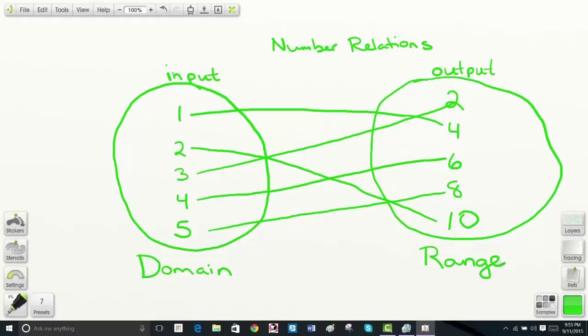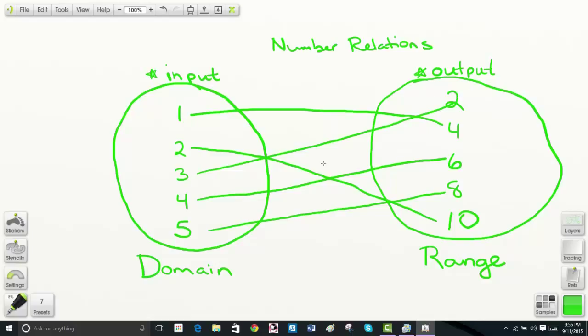Those are the numbers that we're linking to. They're the numbers that we get second. So we start with the input or the domain number, and we get the output or the range. So if I'm going to go into the little number machine, I'm going to put 1, 2, 3, 4, or 5 into the number machine, and I'm going to get out 2, 4, 6, 8, or 10. Or I'm going to put the domain numbers in, and I'm going to get the range numbers out.